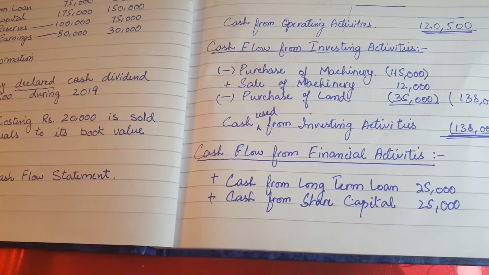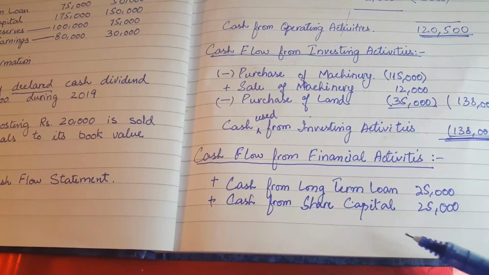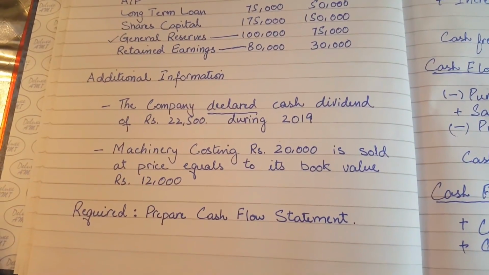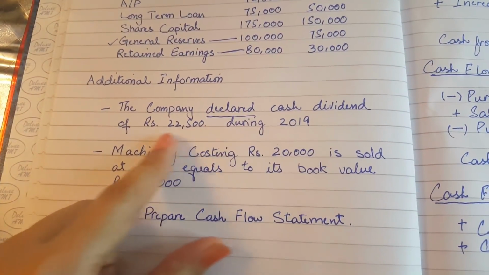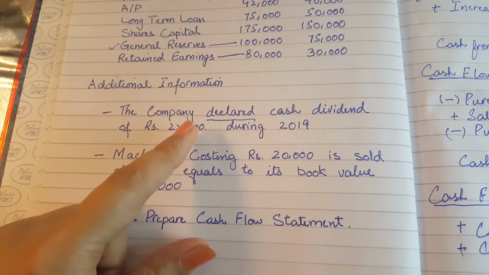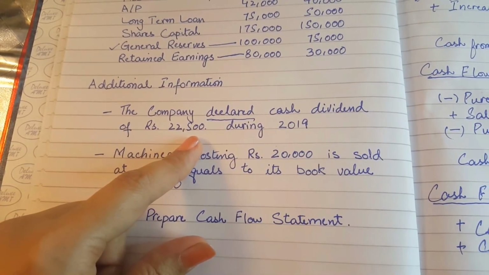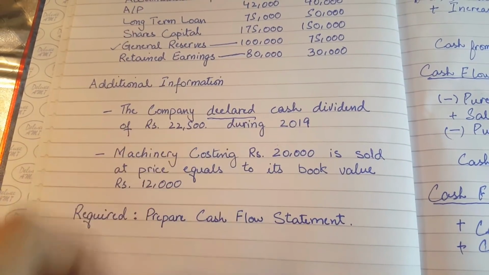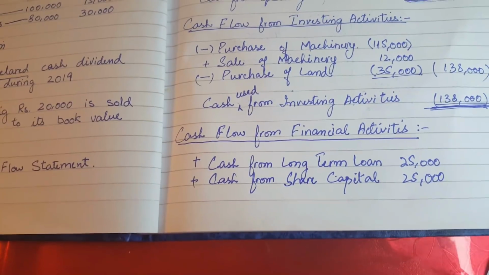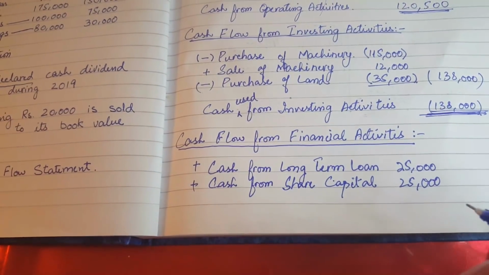So next item under this category is dividend. In additional information, we see that the dividend is paid. Dividend paid is 22,500. This is the outflow of cash from financial activity. So this will be deducted from this total.